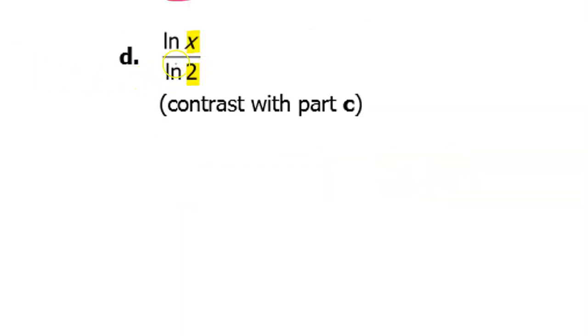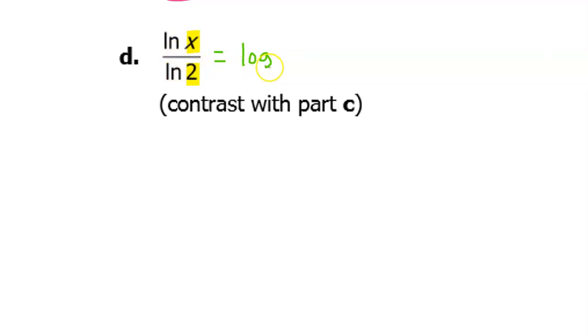So we can use the change of base formula for problem D. Because we have the quotient of two logs which have the same base, they're both natural log. They're both base e. So according to the change of base formula, we can write this as a single log with a new base. Now be careful, because the base is changing, it will not be a natural log anymore.